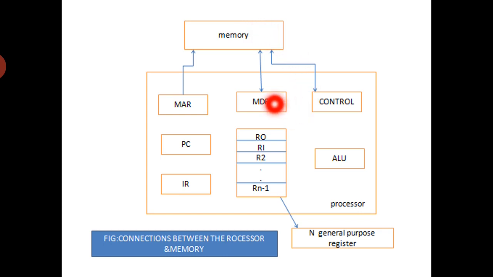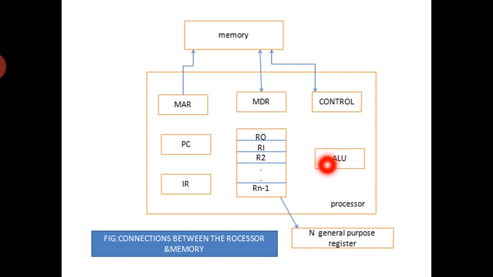At some point during the execution of the current instruction, the program counter is incremented, that is, updated with the address of the next instruction to be executed. The presently executed instruction is present in the instruction register, whose address is present in the MAR. That address is fetched in the memory and the data is sent to the MDR register. The MDR will send the data to the ALU. All these operations come under the read cycle.